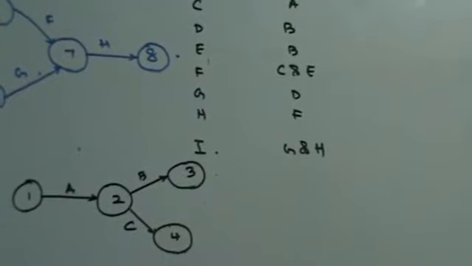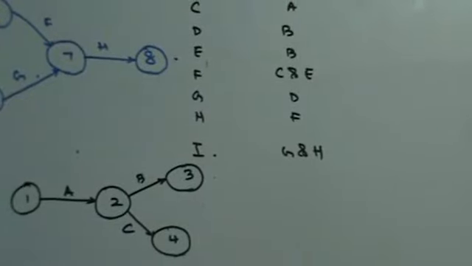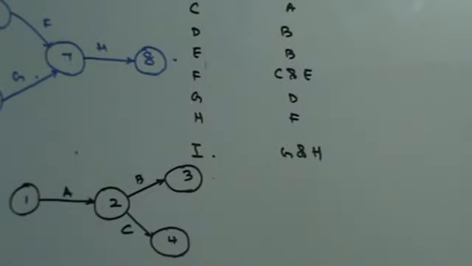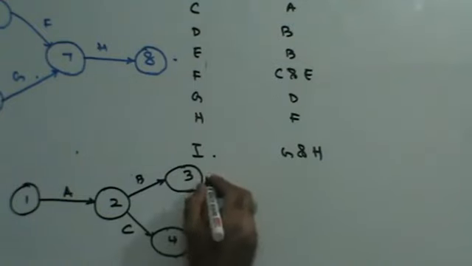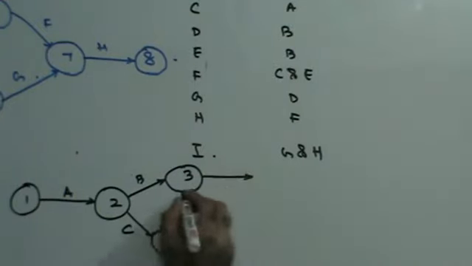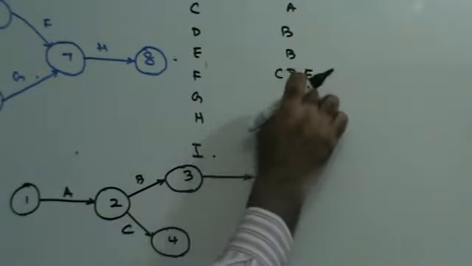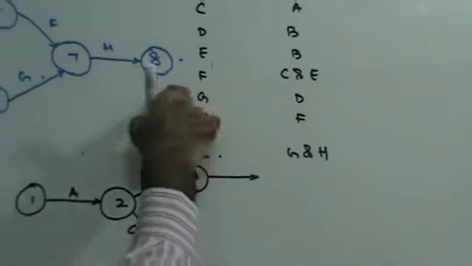From B you have activity E, and from B you also have activity F, so you will have 2 activities given out from here. Now if you check, C and E are combining together to give you F.